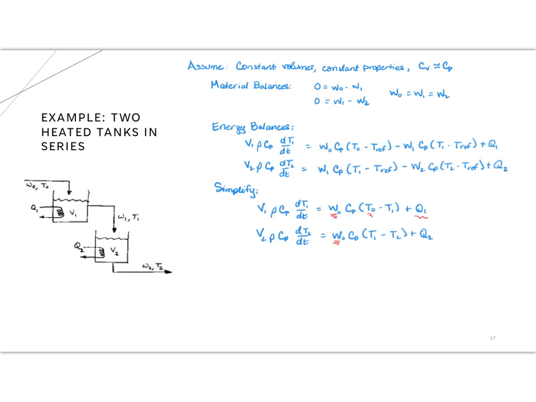Once I know T1, I can use that answer in the second equation. So start here, solve for T1, use that answer for T1 to find T2. So I could solve these sequentially.